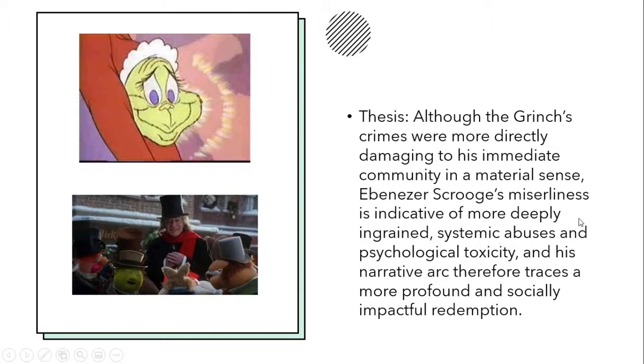But it's making this distinction, and we know what we're going to be talking about in this paper: crimes, there's a distinction made between the crimes. One is material, and the other is material as well. We get that from miserliness, but it's broader, it's systemic. He's part of a system that is cruel.